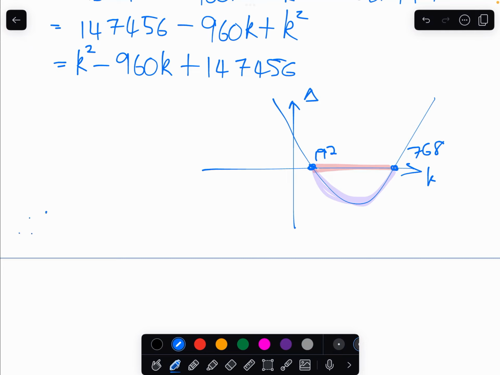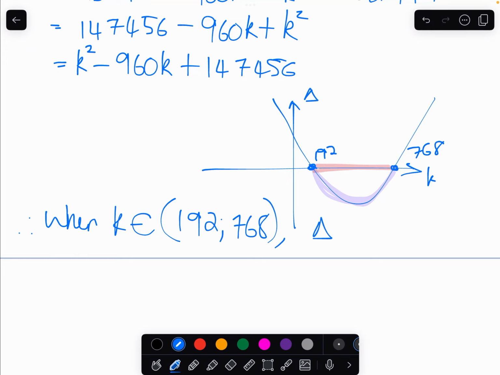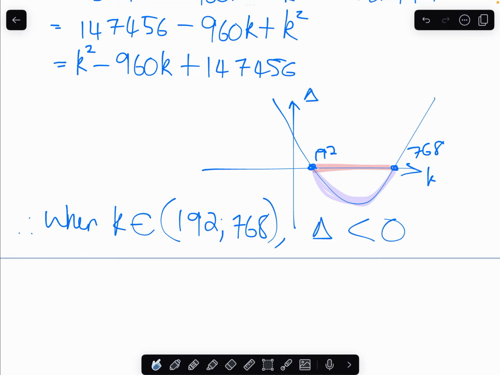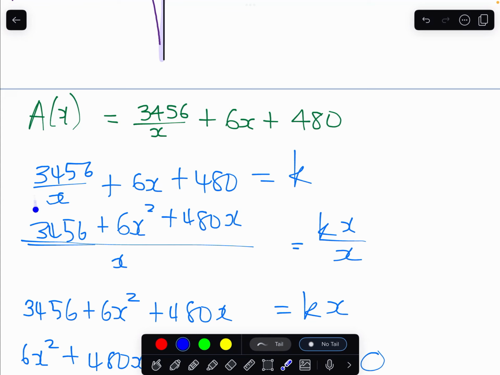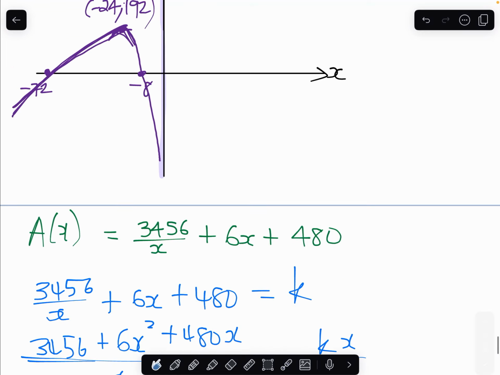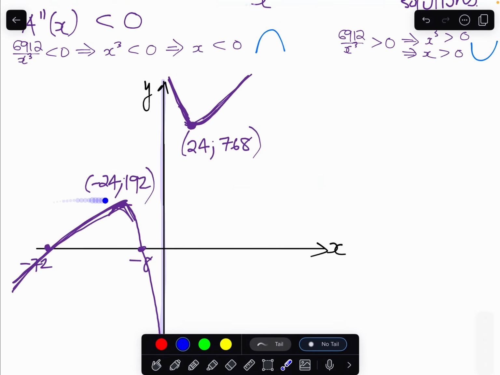So when k is between 192 and 768, the discriminant of our equation is negative, and so the implications are that our function does not produce those values, and that indeed confirms this little gap here where our graph doesn't exist. It is incapable of producing y values between 192 and 768.